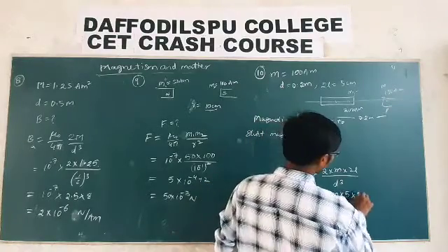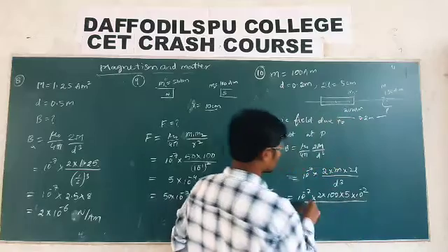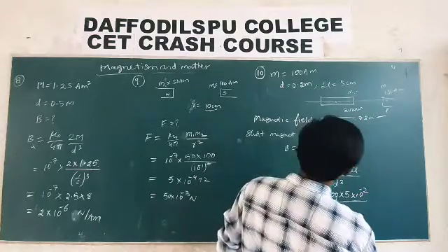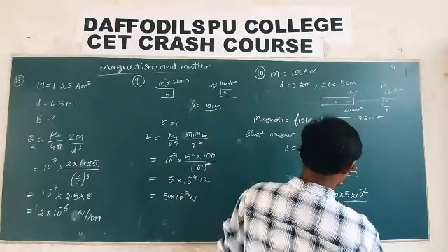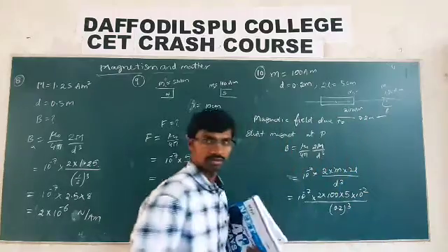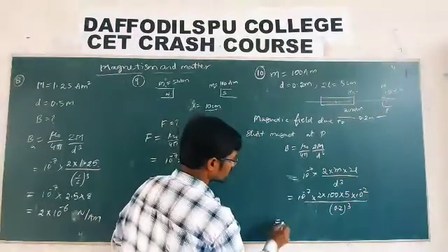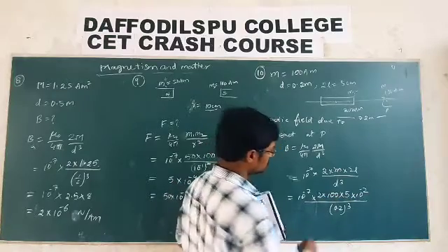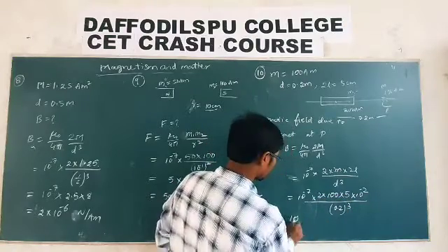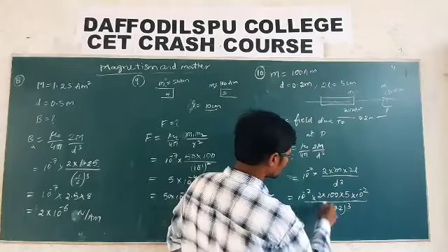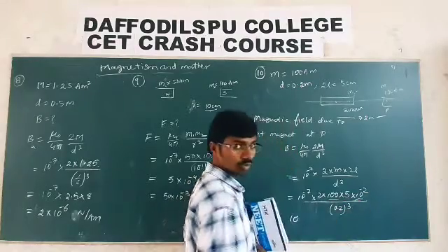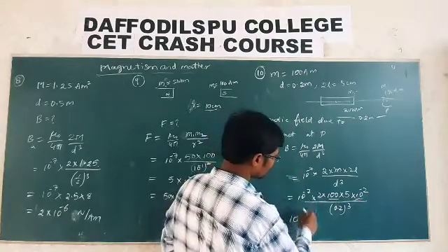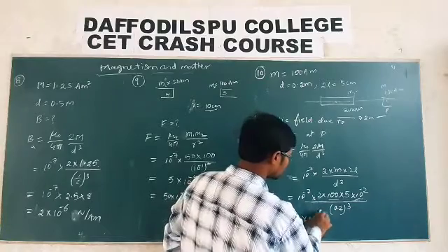Okay, here what do we have to take? 2M. What pole strength do we need to take here? 200. Then this is 20, which means 5 by 2. Now the force here is the magnetic field at this point into the magnetic pole strength.